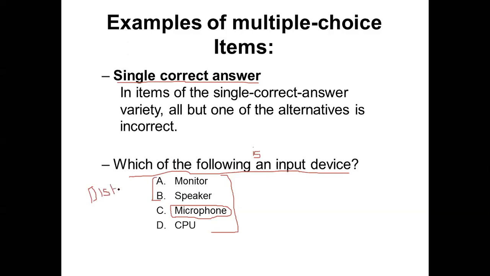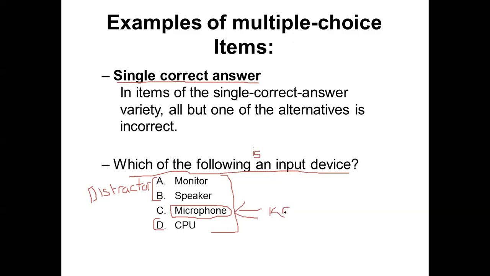So they are just trying to distract you from attaining the best option. This one is also a distractor. But the key, the answer itself, is microphone. This is the correct answer. This is the key.